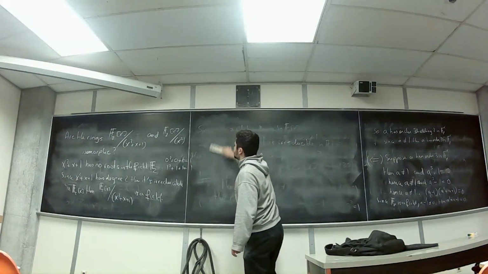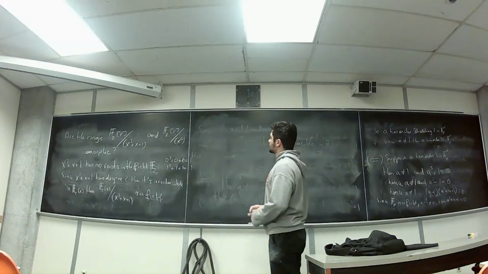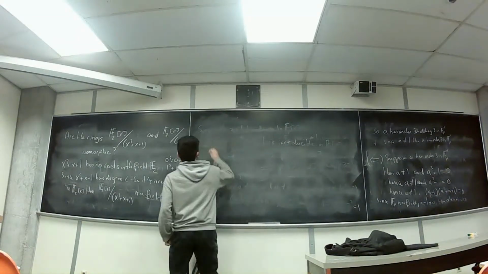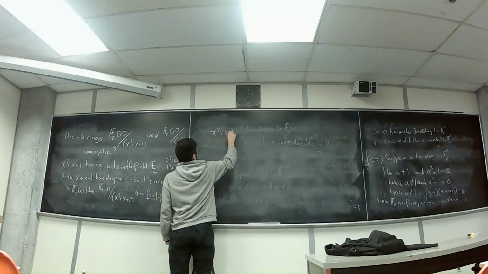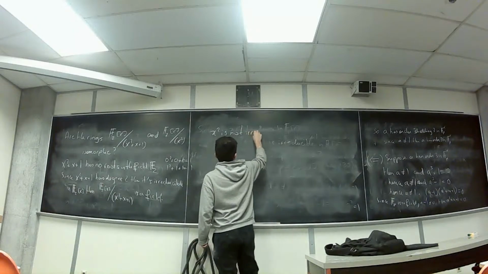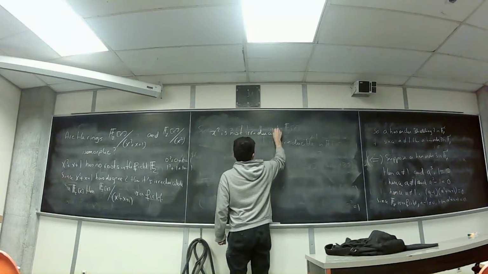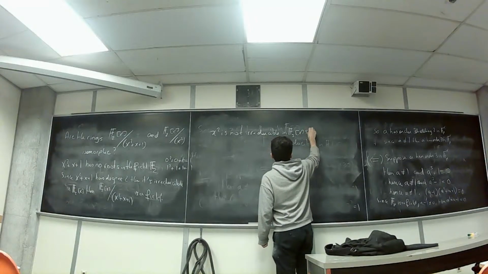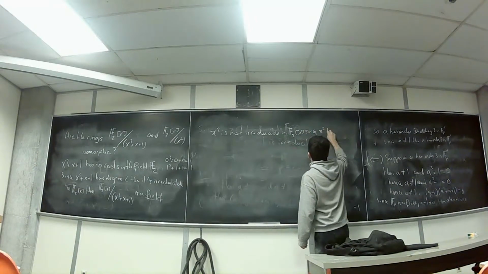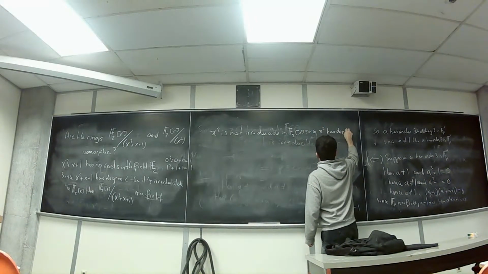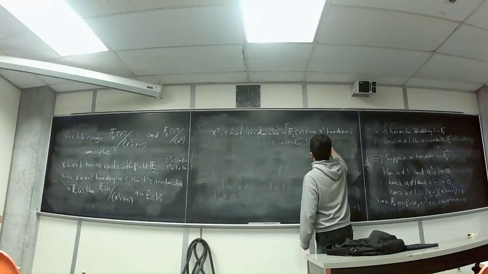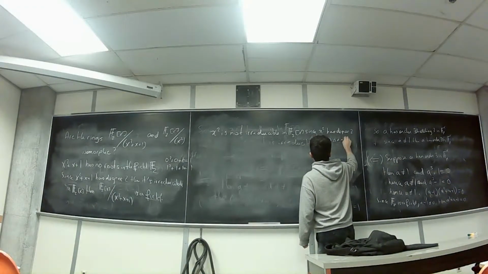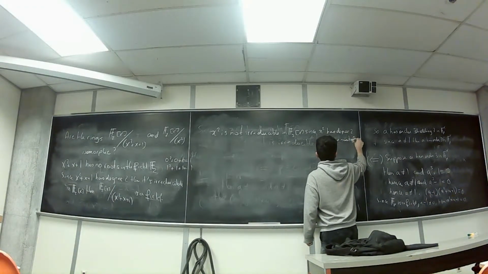Now F2[x] mod x squared. x squared is not irreducible in F2[x], since x squared has degree 2 and 0 is a root of x squared.